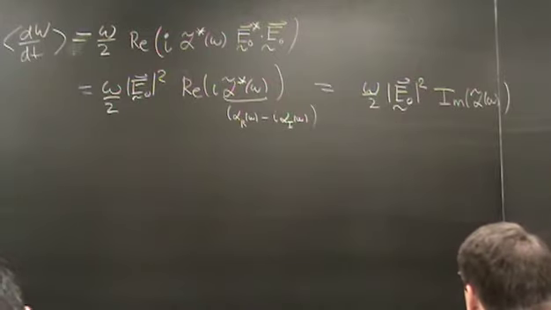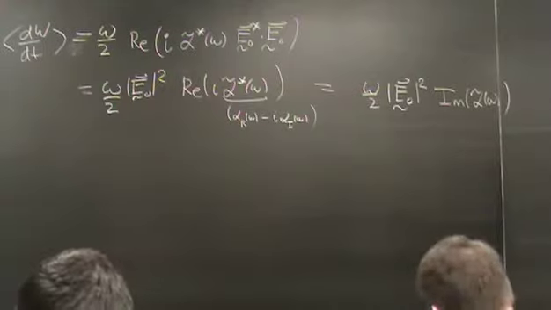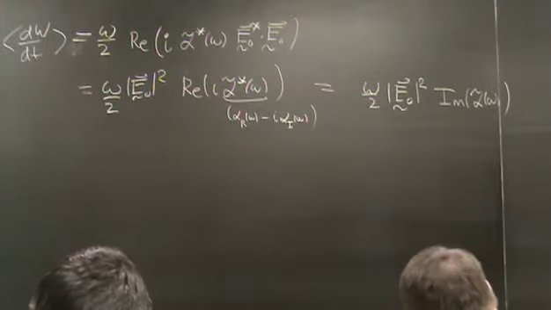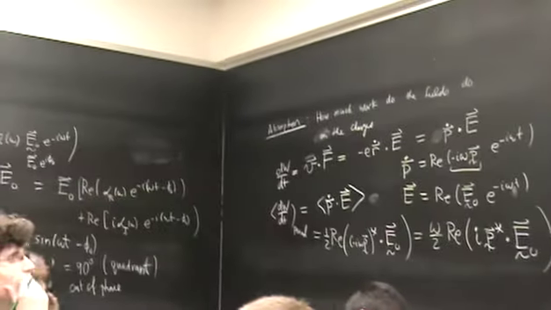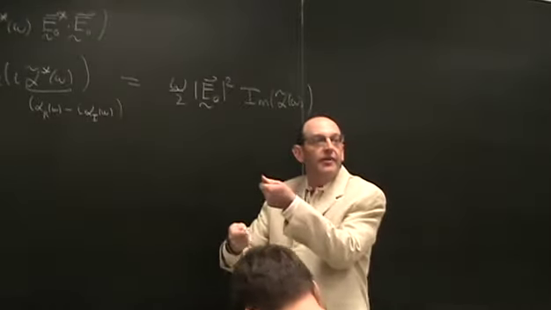So why is that? What's going on? Why does the in quadrature part of the response have anything to do with absorption? Well, as we've discussed many times now, the work that's done on the charges depends on how the current is flowing relative to the electric field.